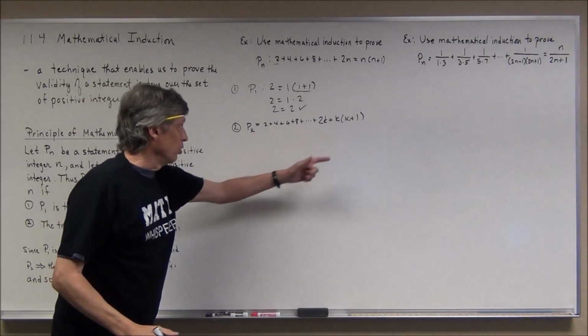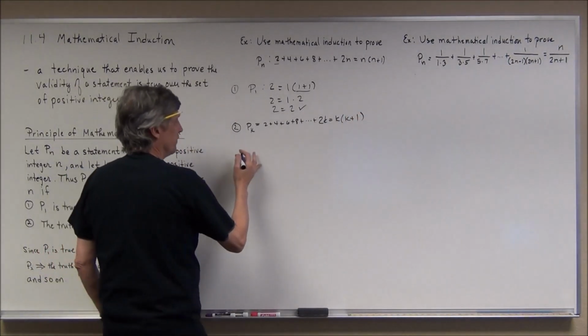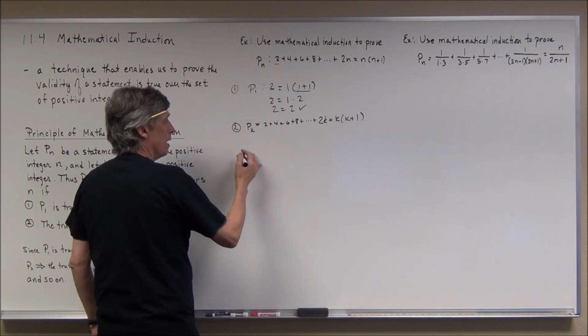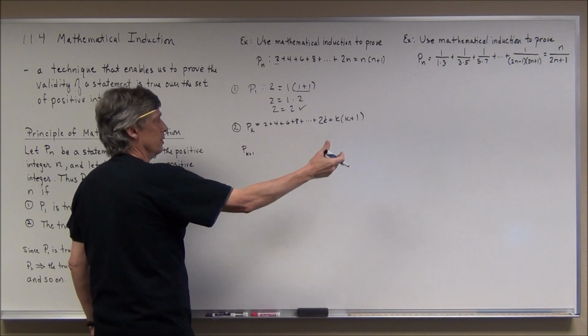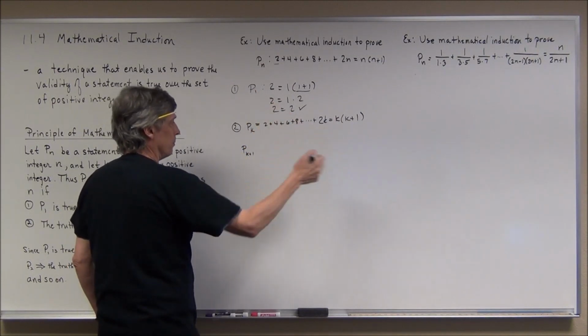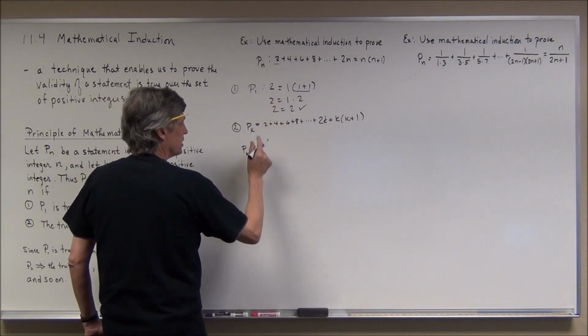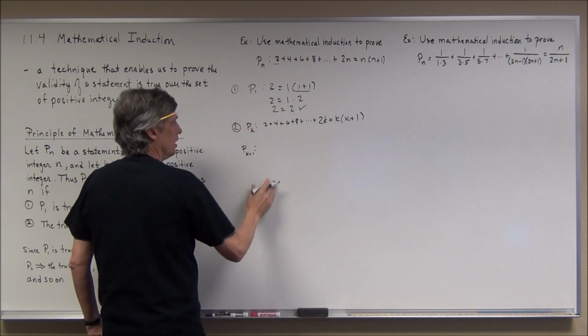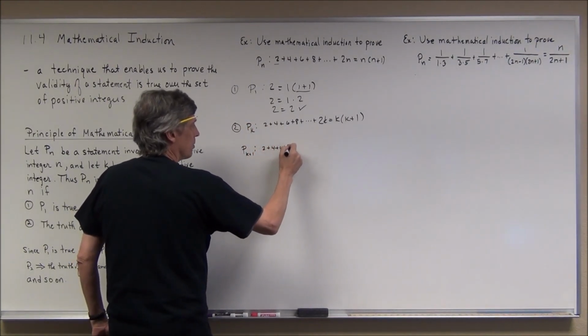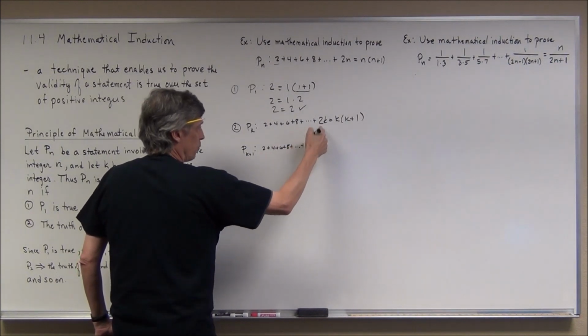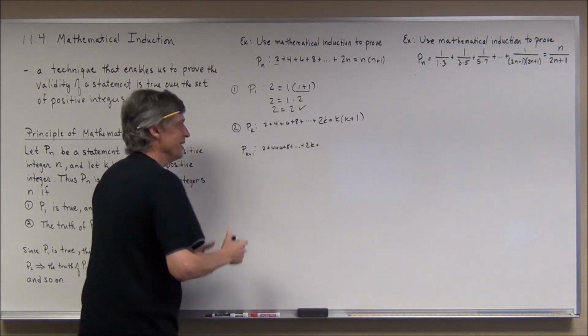If this is true, then let's see if it's true for p sub k plus 1. So p sub k plus 1 just means one more term, the k plus first term. So this would be, instead of writing equals, I'm just going to put a colon there. That would be 2 plus 4 plus 6 plus 8 plus dot dot dot plus this one, 2k, and then the next one.